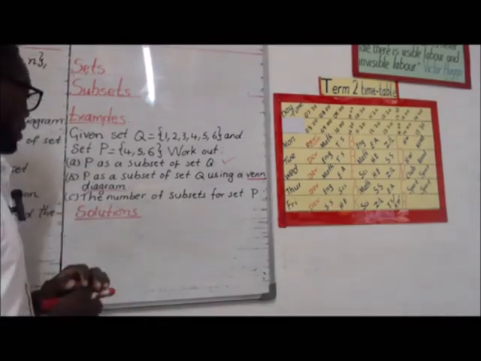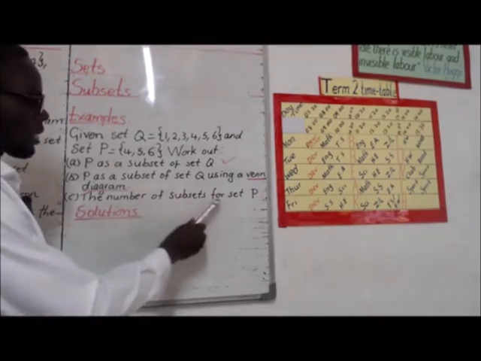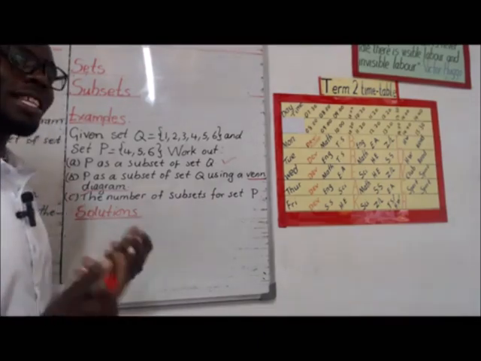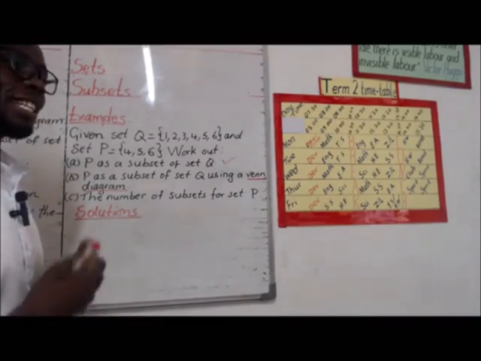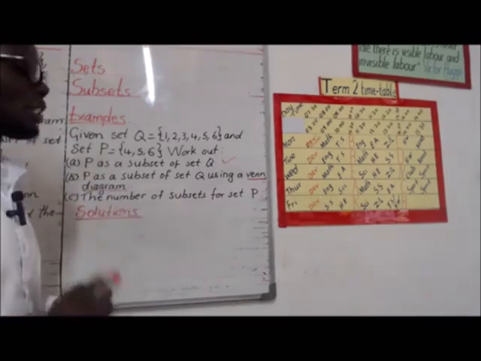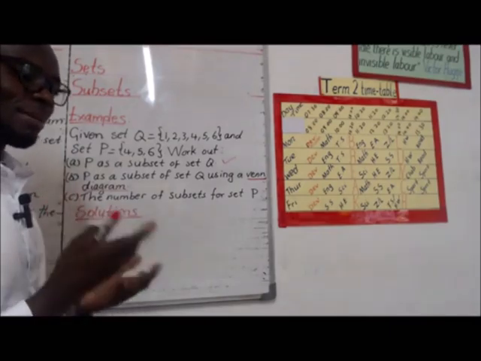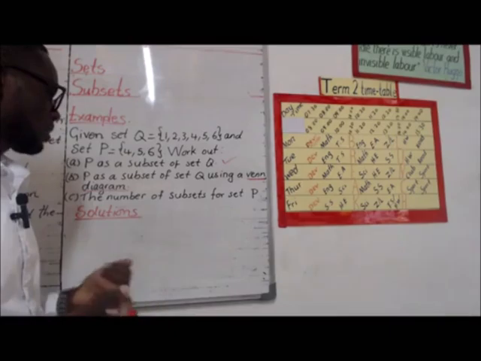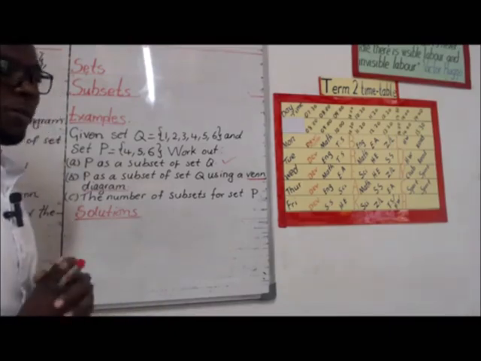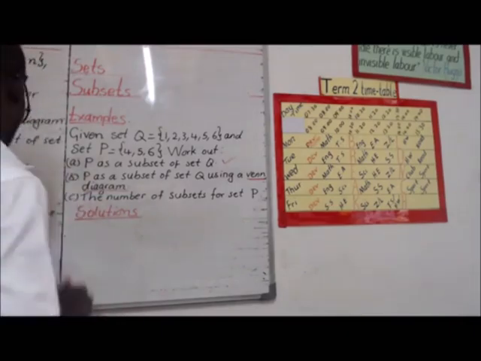And the last one says the number of subsets for set P. We want to know how many subsets set P can produce. How many subsets can it produce? So that's what we want to know. Quickly, let's look at the second one.